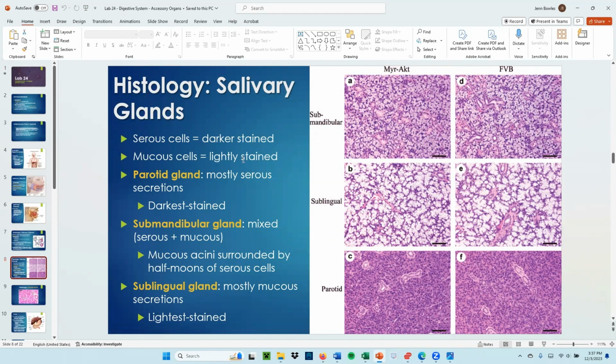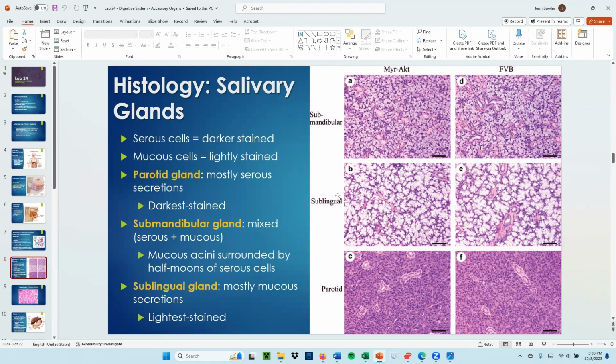You need to be able to identify all of them when you're just given a slide. So there's not really anything I can put a pointer on that's going to clue you into which gland is which. So you just have to know the distribution of serous versus mucus cells in each of these glands because they all look slightly different based on color and kind of the clustering of cells.